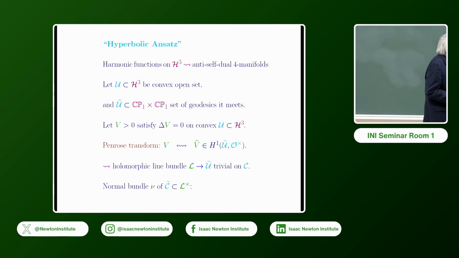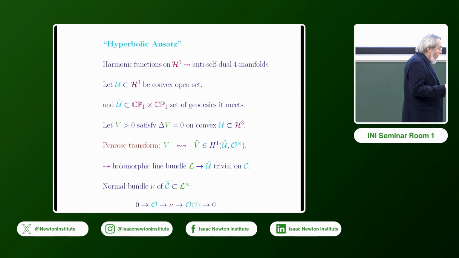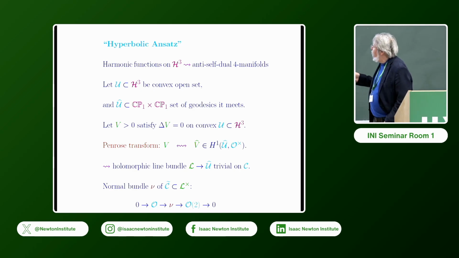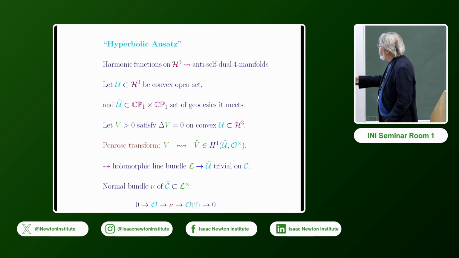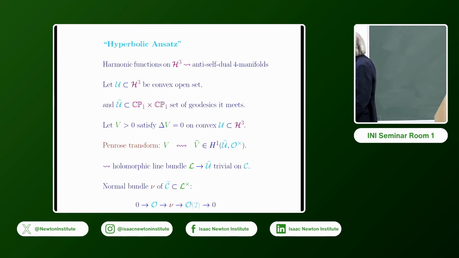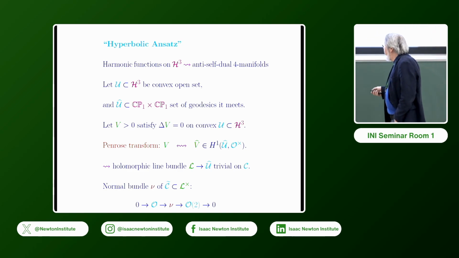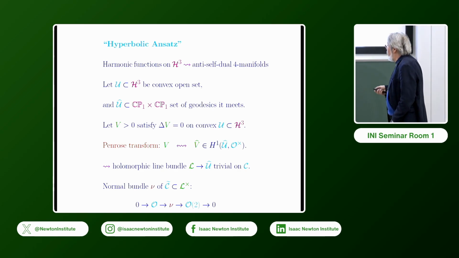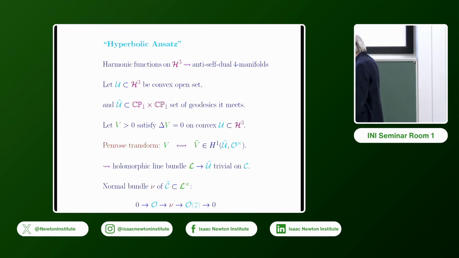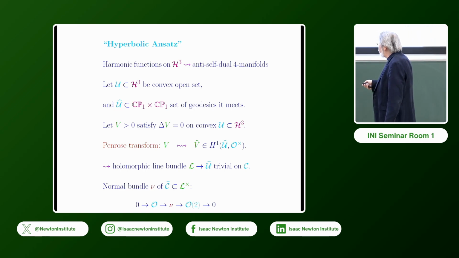What's the normal bundle of such a curve? Well, I said before, I haven't used it yet, I'm going to look at harmonic functions which are actually real and positive. So if you look at the normal bundle of such a lift of the curve, then the C-star action gives you a trivialization of the vertical piece of the normal bundle, and the quotient is the pullback of the normal bundle on the bottom.